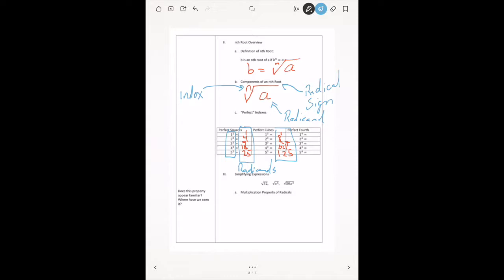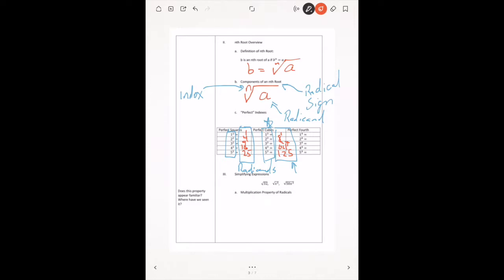Well, I could say 5. That's why I have these perfect cubes right here. When I take the cube root of these radicands, I'm going to get a whole number answer. That's the nicest, easiest ones to work with.